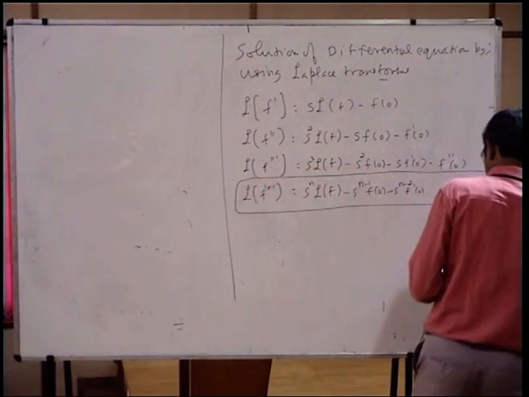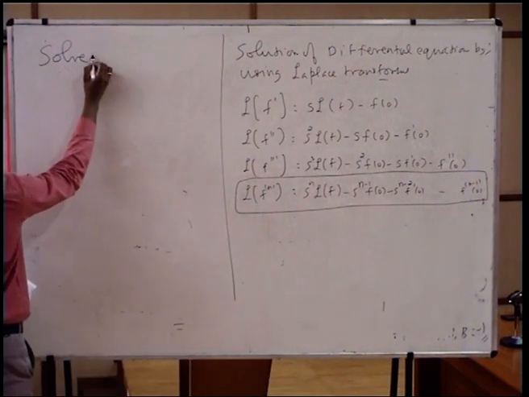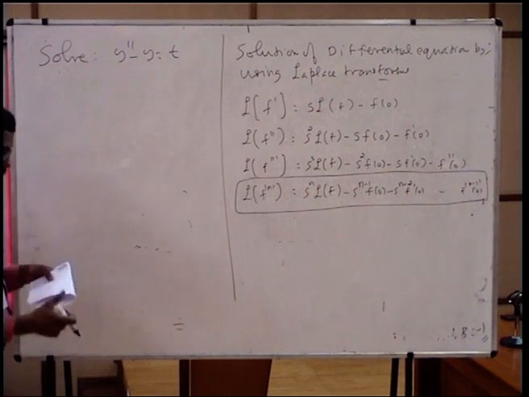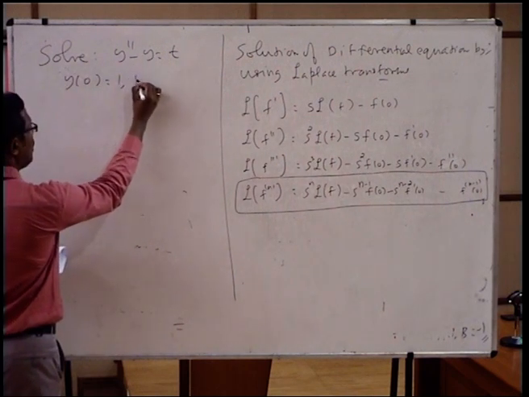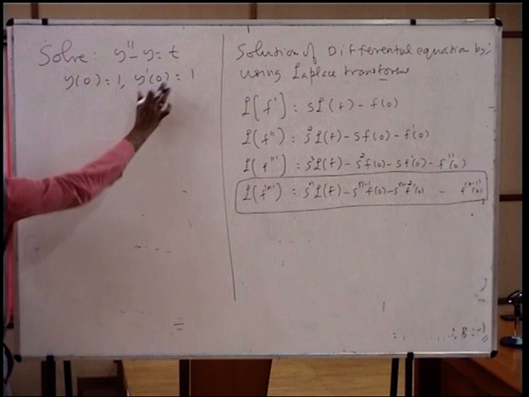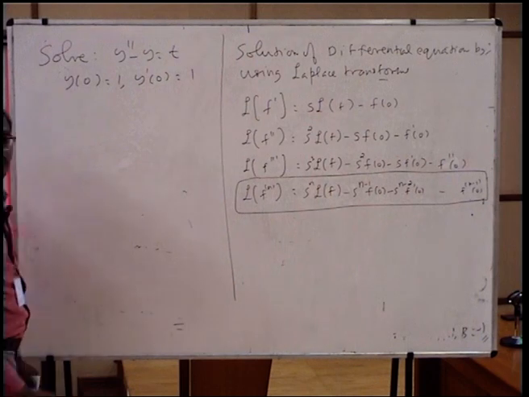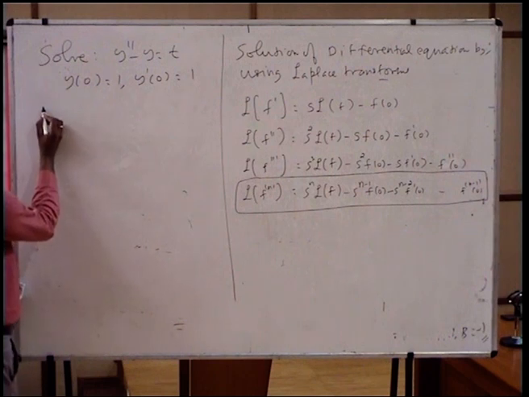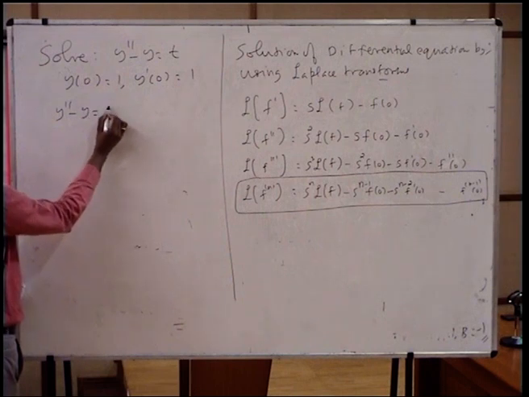For example, consider the equation, solve the equation y double dash minus y equal to t with respect to initial conditions y of 0 equal to 1 and y dash 0 equal to 1. So these two are the initial conditions. Now, in order to apply the Laplace transform method, consider this formula.